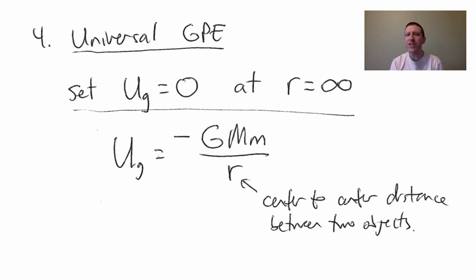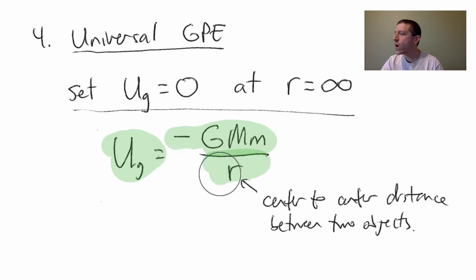So when little g is not constant, when you're using big distances away from the center of a planet and you're changing that so radically that little g is not constant, you have to use universal gravitational potential energy. And the equation for universal gravitational potential energy, which we symbolize by UG, is equal to negative, notice that negative, GMM over R. Now, a couple things to notice.